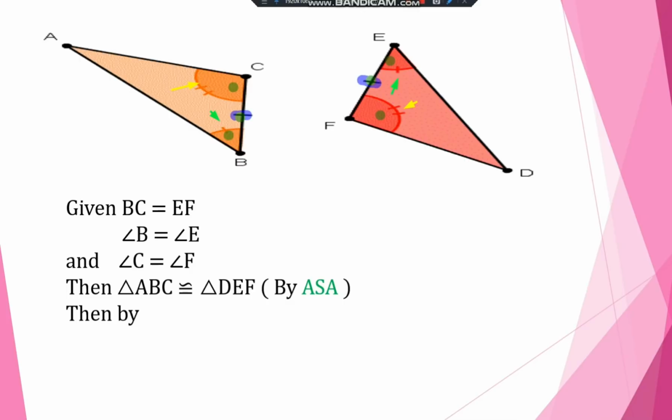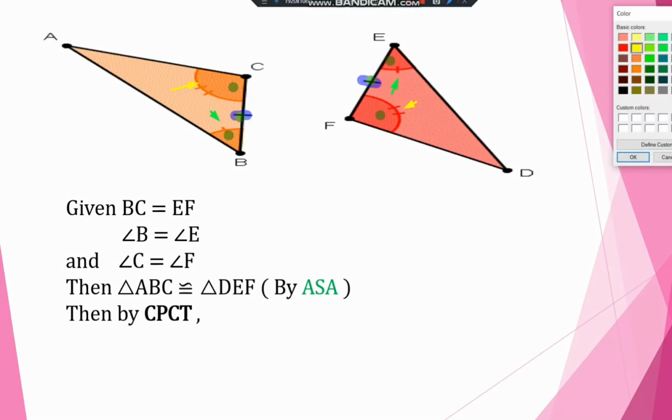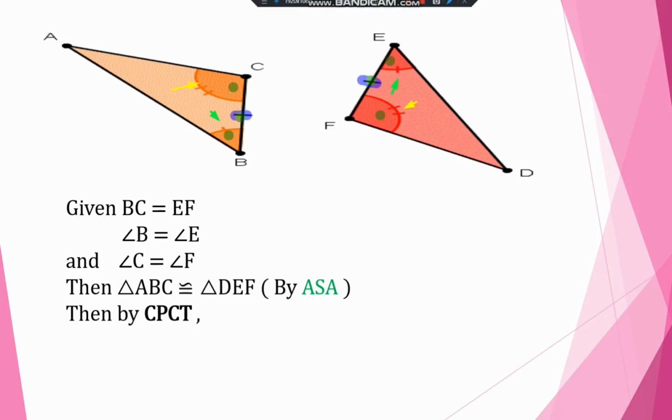Then by CPCT, so here comes CPCT into the picture. The remaining congruent parts will also be equal. We already have two angles of the two triangles equal, so the third angle which is left will also be equal. Either way you conclude, or you see the corresponding angles and sides by seeing which side is equal to which side.